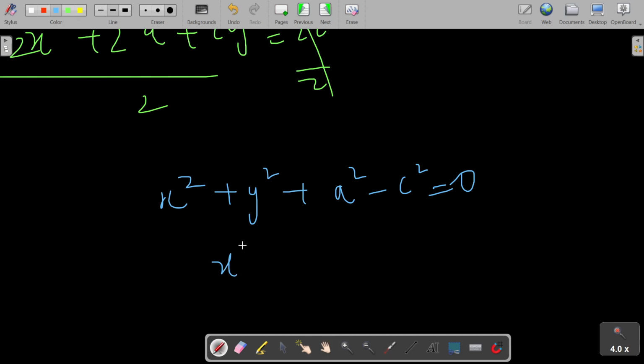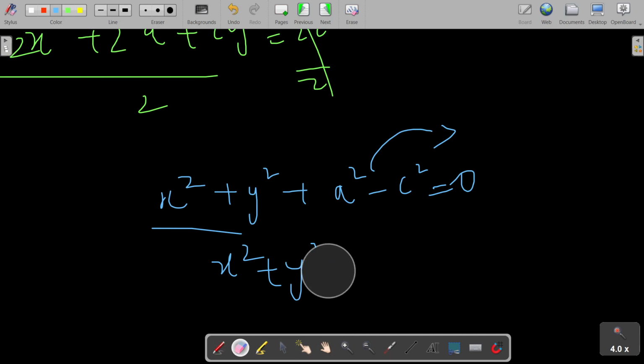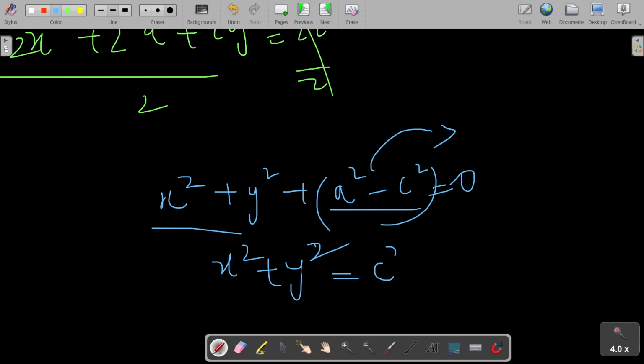If I see this clearly, subtract this constant term on both sides, I get x squared plus y squared equals c squared minus a squared.